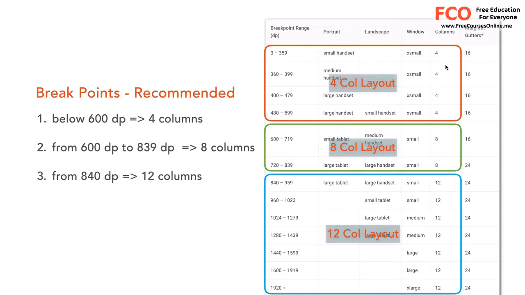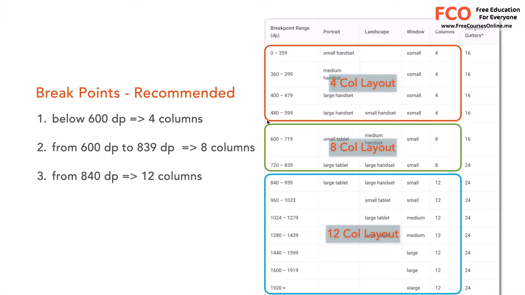But the gist of it is that you can have the grid containing 4 columns for a small layout, and you can divide your medium screen into an 8-column grid, and your large screen into a 12-column grid.